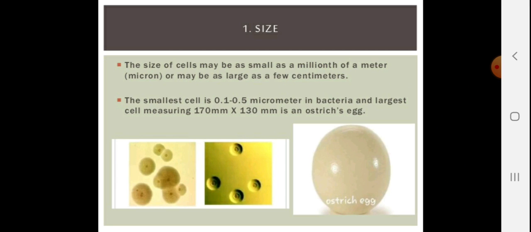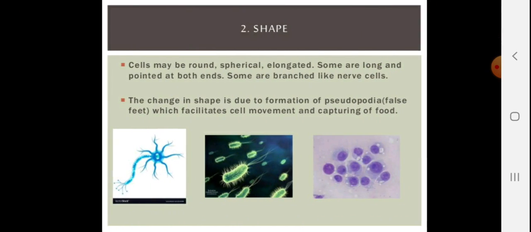The size of a cell may be as small as a millionth of a meter, a micron, or as large as a few centimeters. The smallest cell is 0.1 to 0.5 micrometer in bacteria, and the largest is 170 mm by 130 mm, which is 17 by 13 centimeter, the ostrich egg.